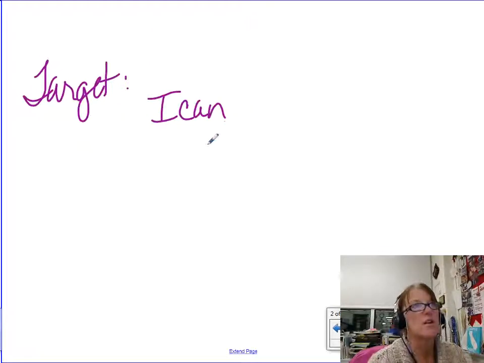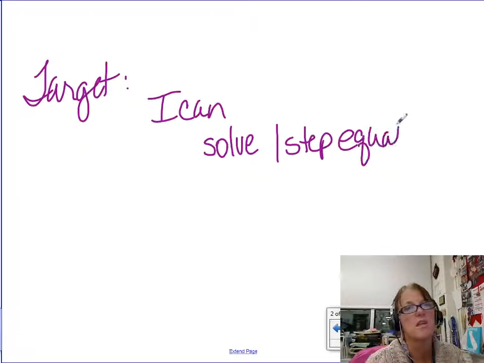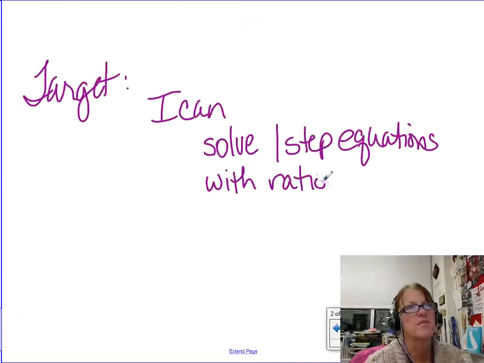And today you are going to solve one-step equations. One-step equations. And the complicated thing here is that it's with rational numbers. So before "rational," make that singular, please, as this is a little messy, number.